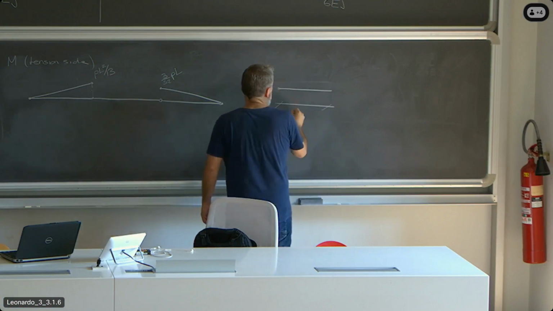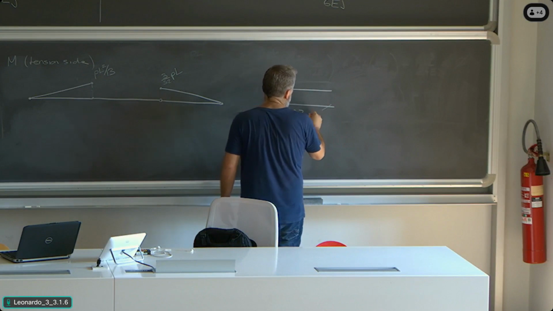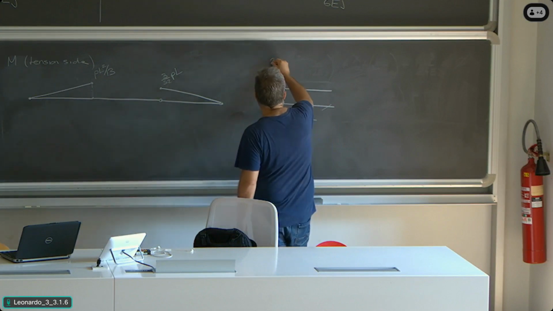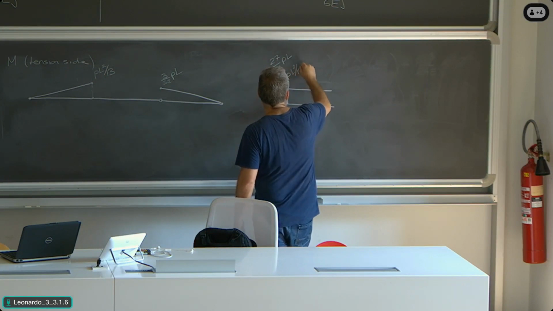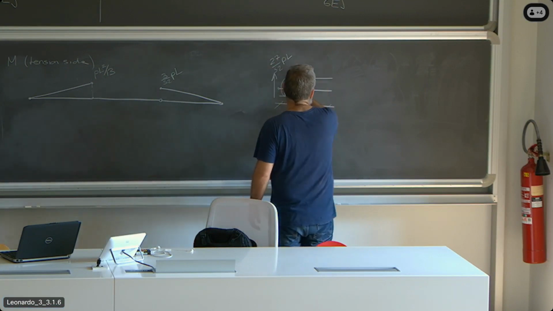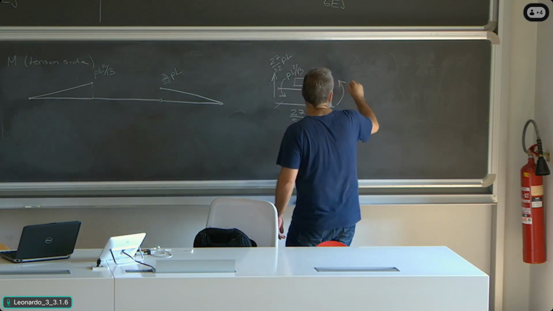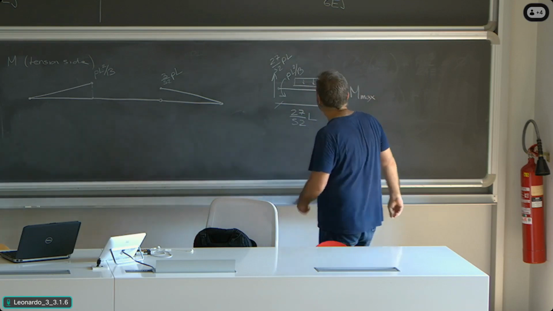We look at a portion of span BC, which is 27 over 52 L. We know that at the first end we have 27 over 52 PL and a moment which is PL squared over 13. We know that we have a distributed load. And we know that here we have the moment M maximum.